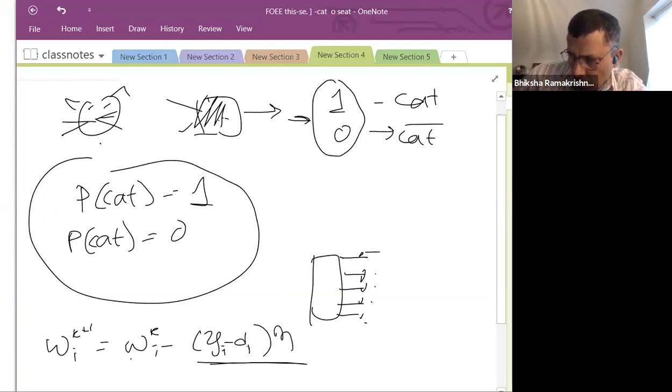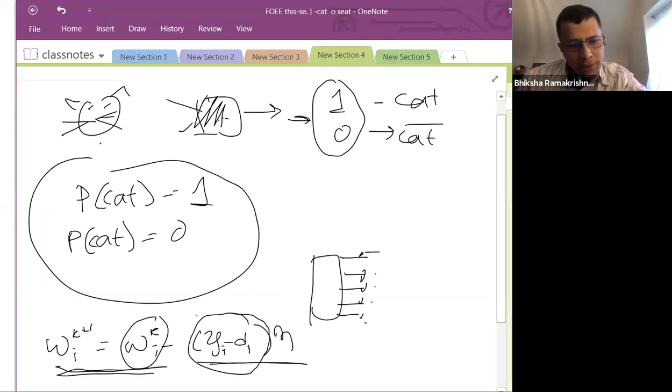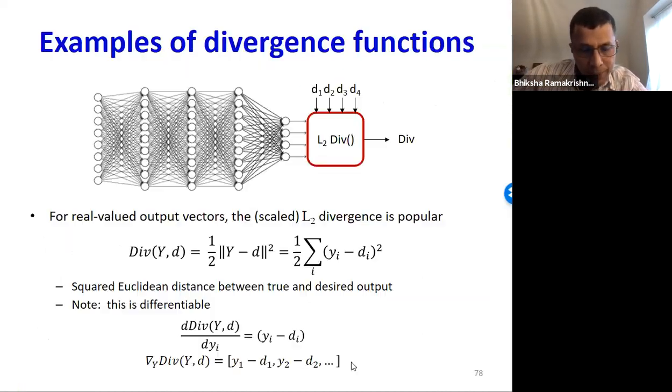You'll observe this looks a whole lot like the perceptron learning rule. You're adjusting each weight in proportion to the error made by the perceptron. So this has a very nice interpretation, which links back to the perceptron rule.